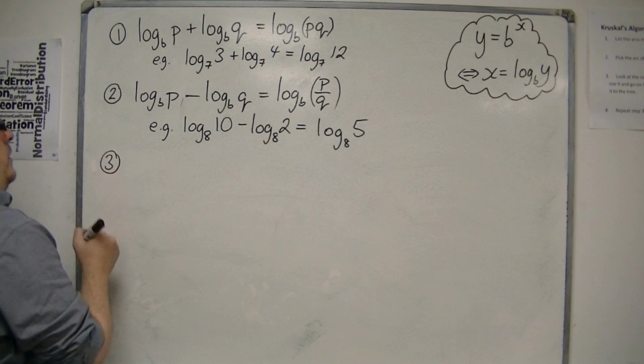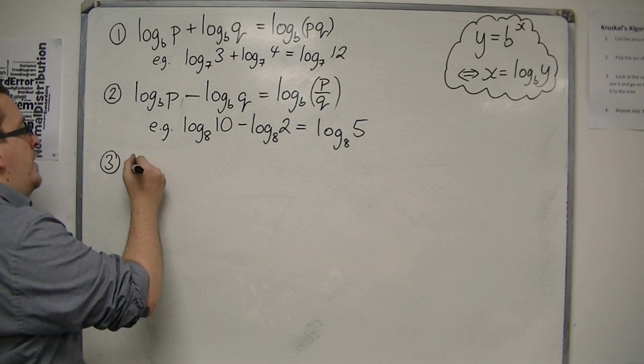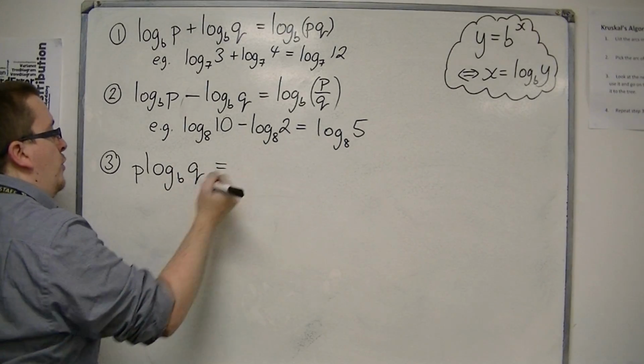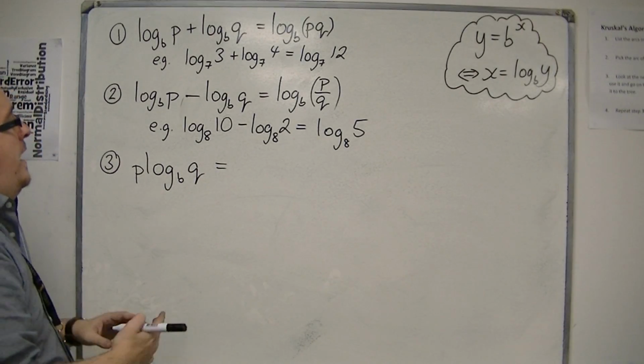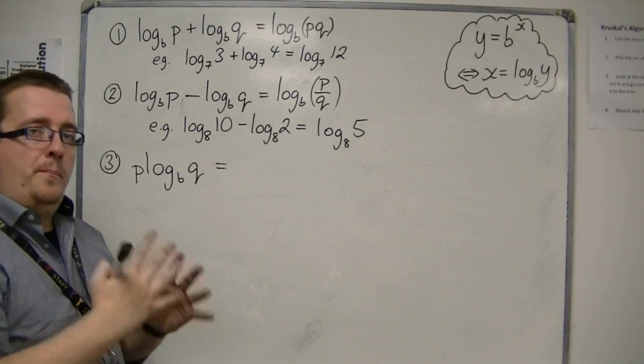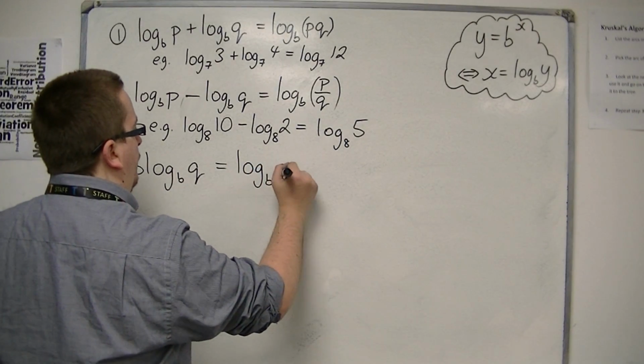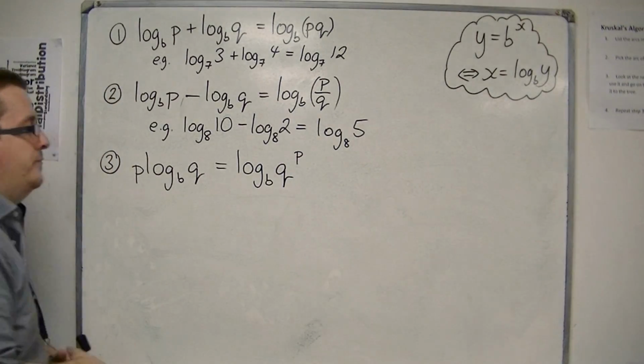The third law says that if you have a number out of the front of your logarithm, then it can be brought up to the power of the q. So log base b of q to the p.